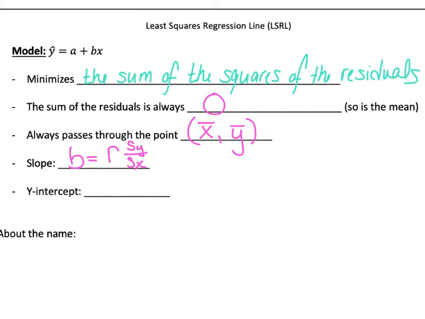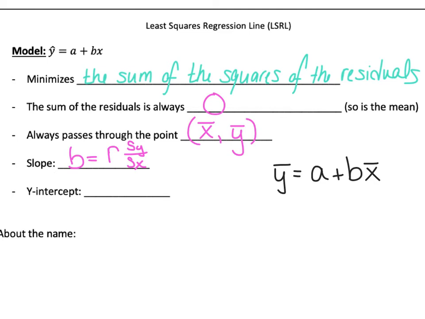Now, you are also indirectly given a way to calculate your y-intercept, and it's derived from another formula given to you on the formula sheet. Since this is a point on your line, you could plug these values in for x and y, and that's the formula given. You're told that y bar is equal to a plus b x bar.